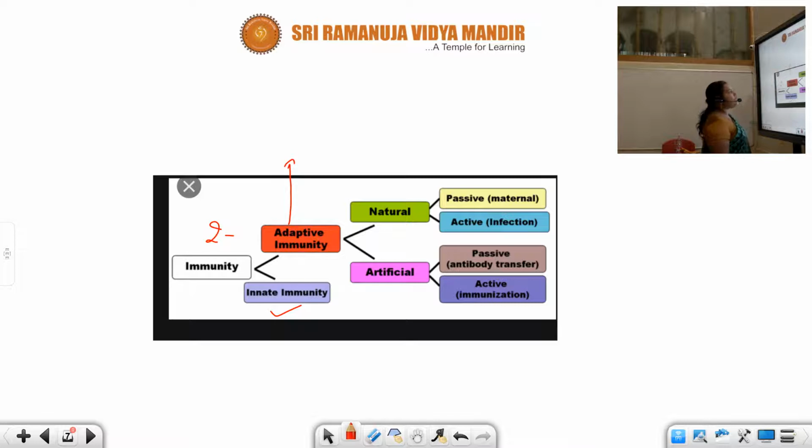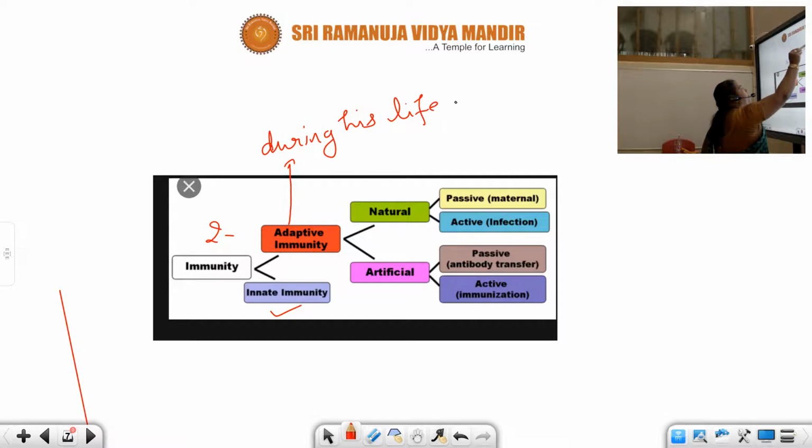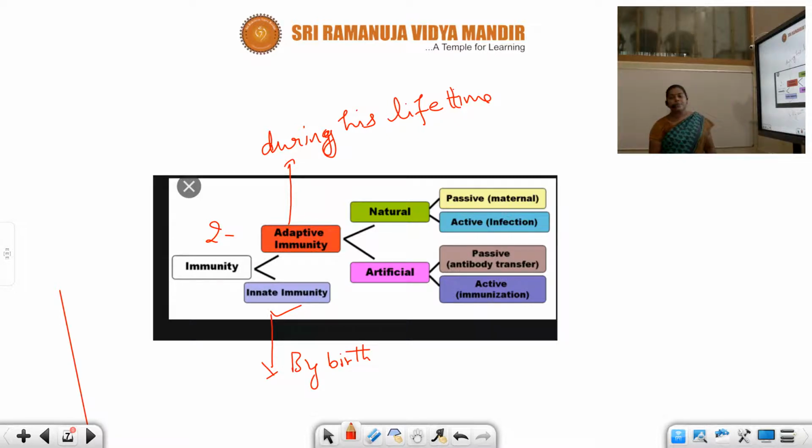Adaptive immunity is what the organism gets during its lifetime. Innate immunity, in the sense, is the immunity we get by birth.